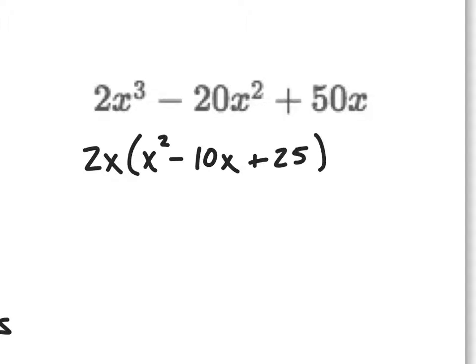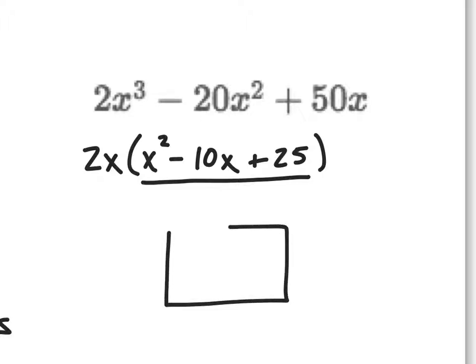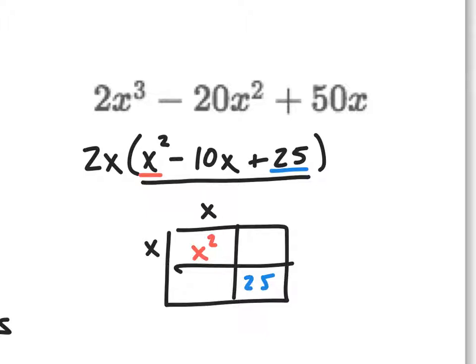When I do that, what I want to do then is factor just that quantity, that quadratic or the trinomial. So now I do the box method here. I'm going to put x squared in my first box and a 25 in my last box. x times x gives me x squared.